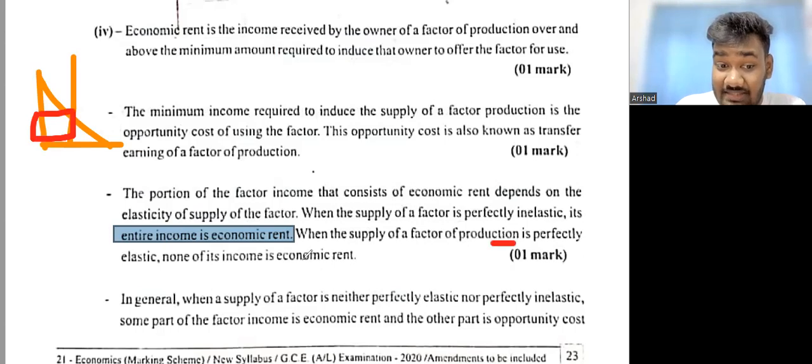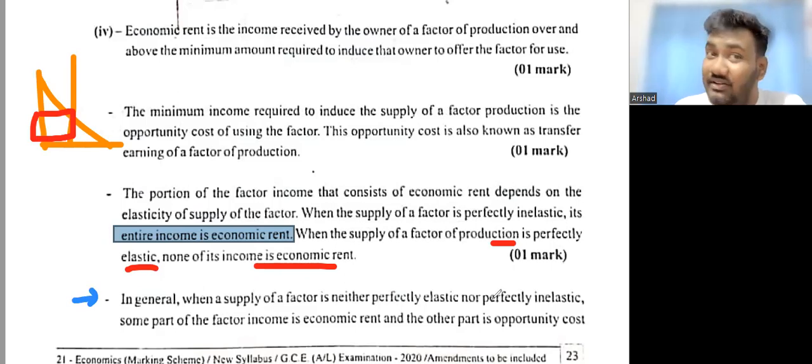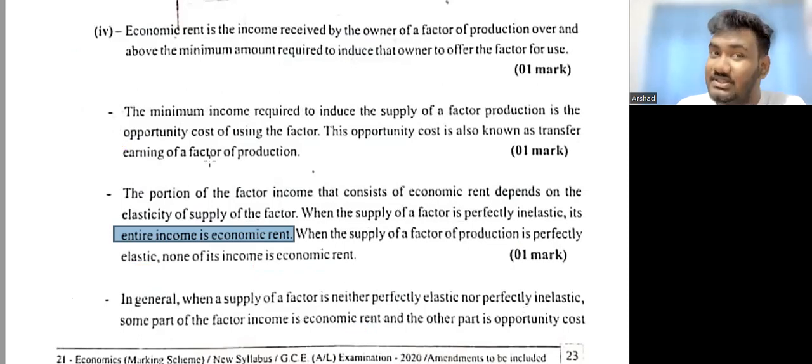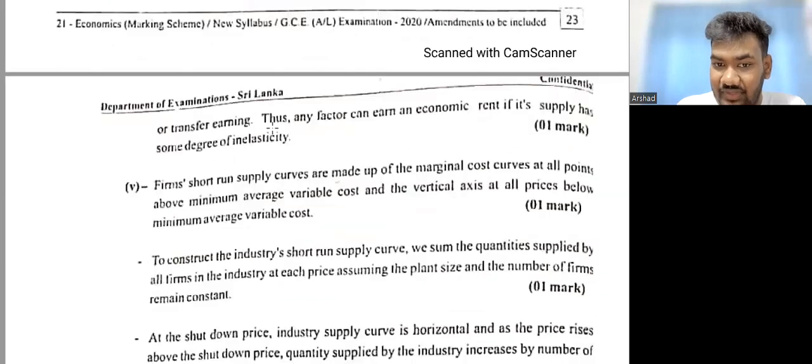When the supply is perfectly elastic, that's what I drew on my board, then none of it is economic rent. So then look at this, 1 mark there. In general, when the supply is neither perfectly elastic nor perfectly inelastic, some part of the factor income is economic rent and the other part is the opportunity cost, which is what you call transfer earnings.